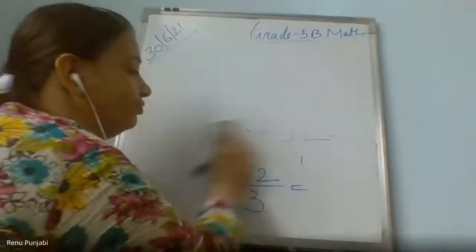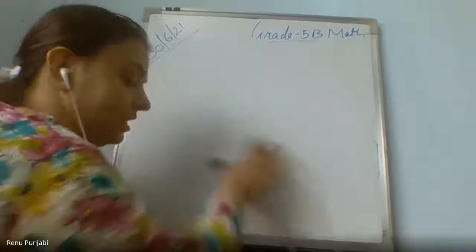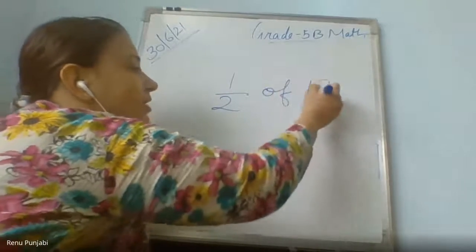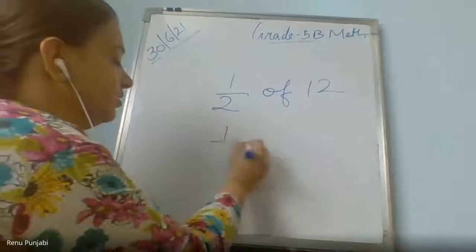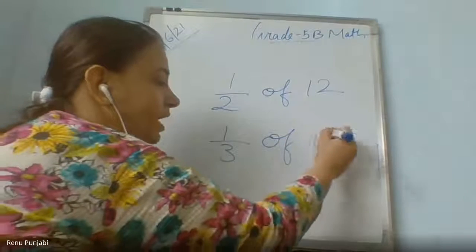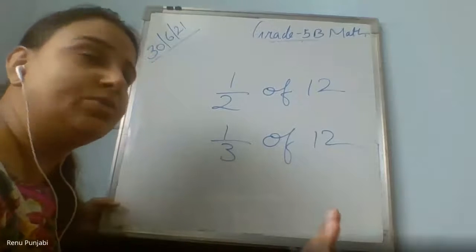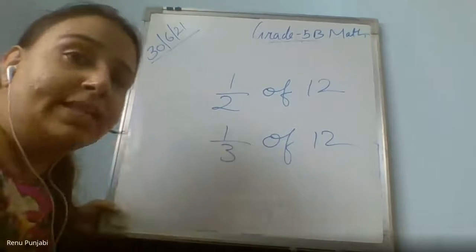Why is there a confusion, students? See, if I ask what is half of 12, or what is 1/3 of 12? Ma'am, centimeter is also there. Centimeter. My dear, then you only write the unit. No need to see the unit, just see the numbers. Find the answer.